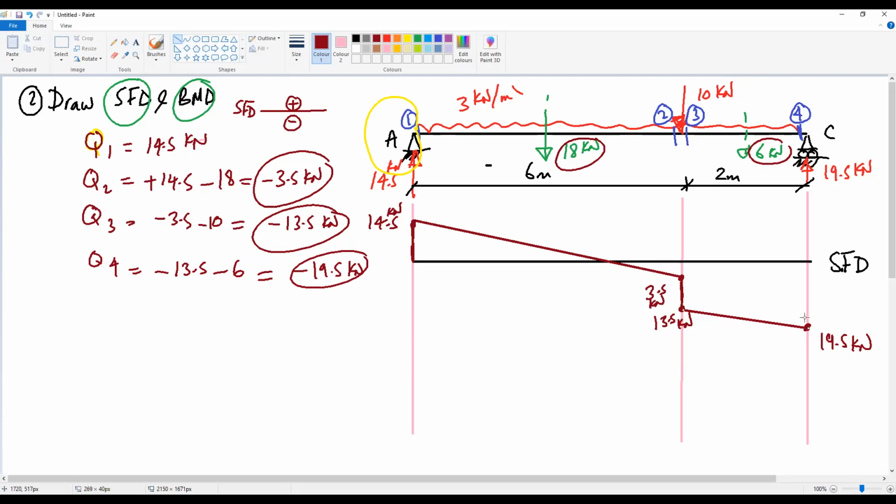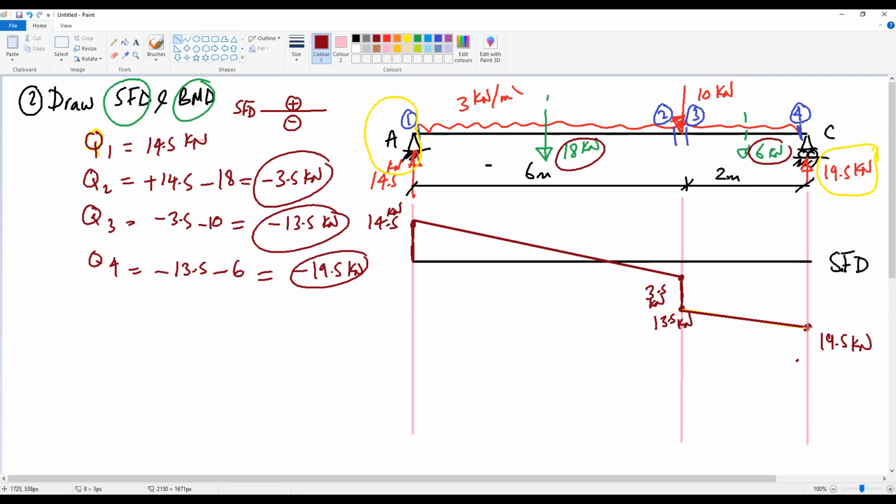Okay. After section 4, as you see, we have the reaction going up, 19.5. So the reaction going up will close our diagram.